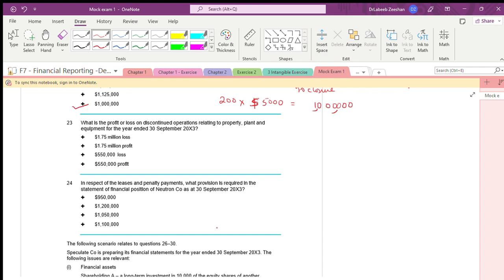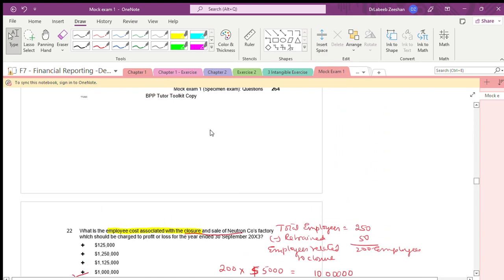Fine. Next, what is the profit or loss on discontinued operation, resulting from the property, plant and equipment?